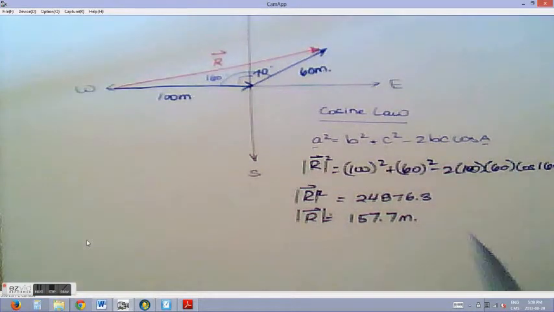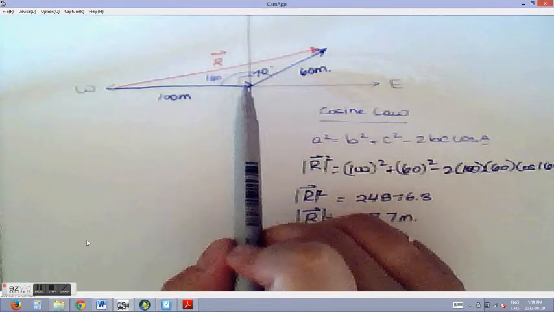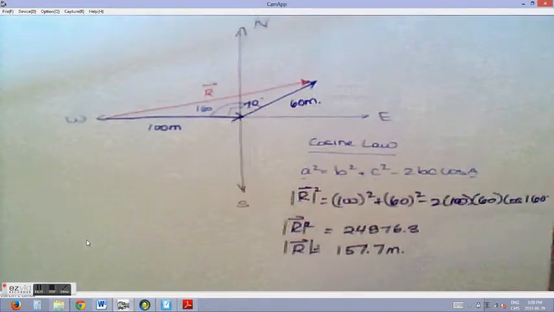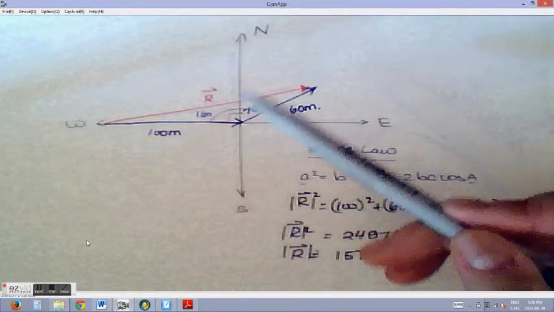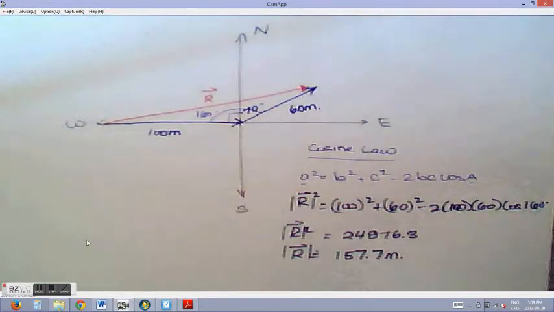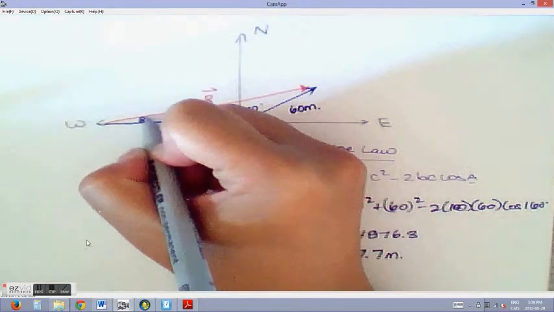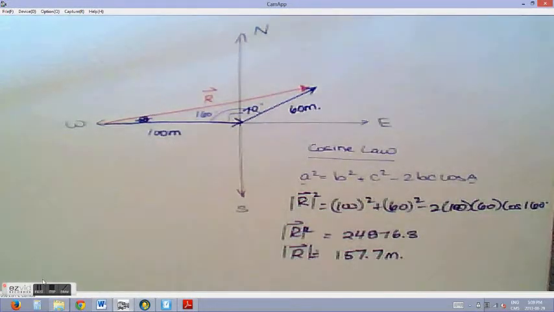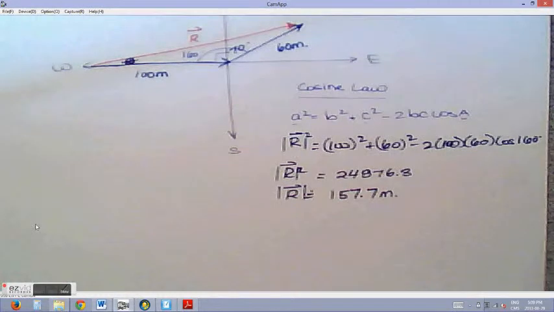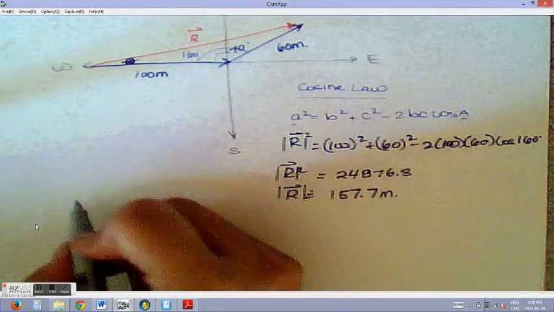What we need to do now is to find one of these angles so that we can define where its direction is. In this case, what I would probably do is find this angle here. I'm going to use the sine law because I find that one the easiest.